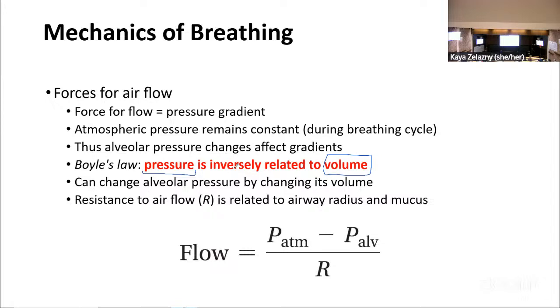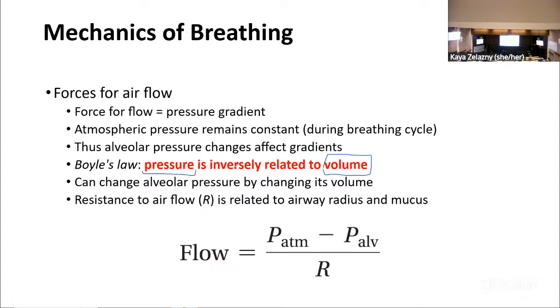We can think about this intuitively. If you have a small container with a lot of stuff in it, that's a high pressure situation. You're feeling very cramped, very under pressure, kind of constrained. If we have a big old container with not very much stuff in it, that's going to be under low pressure. You have lots of room to move, float around if you're some little air molecule.